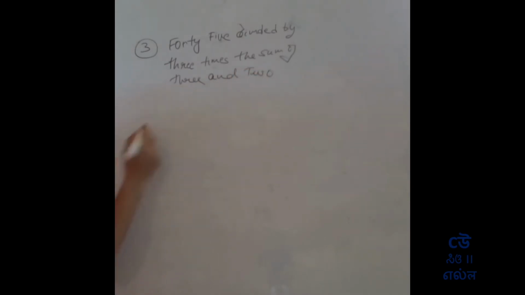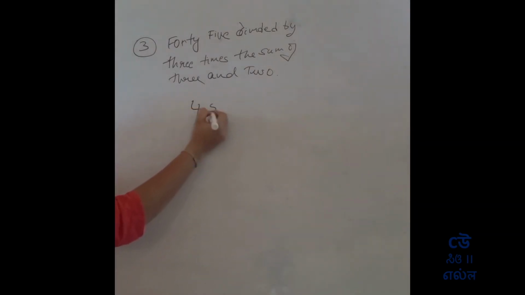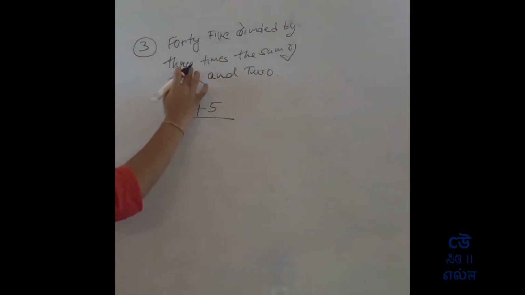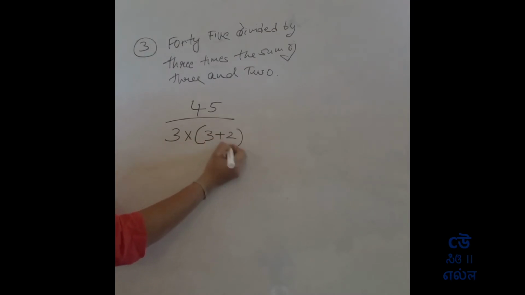So what they have given? 45 divided by 3 times the sum of 3 and 2. So 45 we have to divide by what? 3 times. Times means multiplication, so 3 times means 3 into sum. Sum means bracket. Sum of two numbers they have given, so we will use the bracket. So sum of 3 plus 2 they have given.